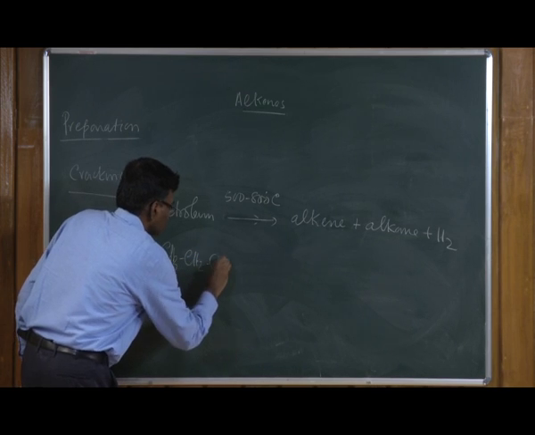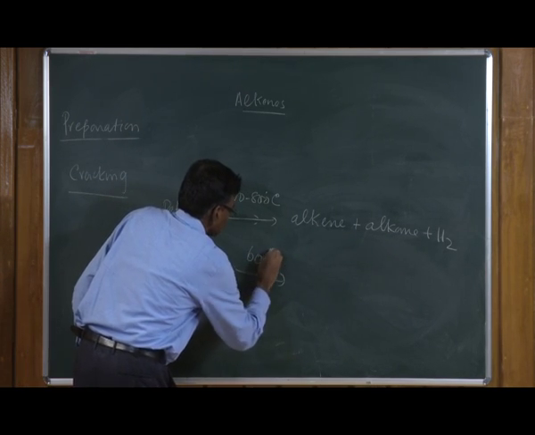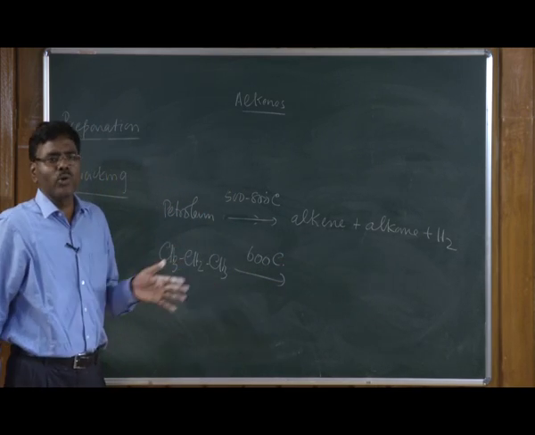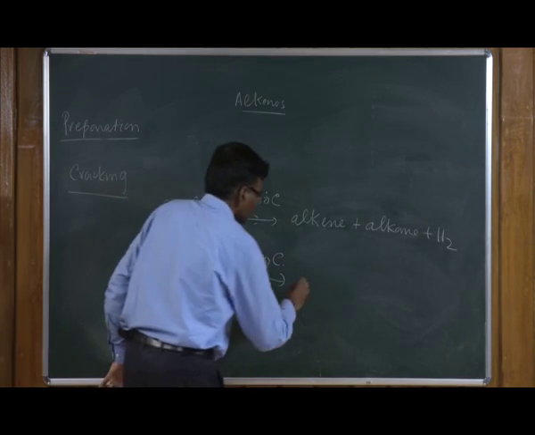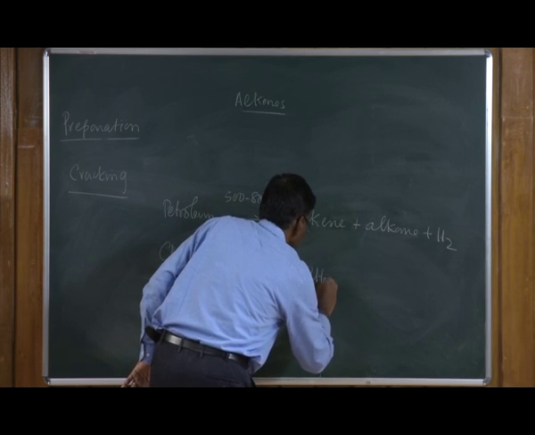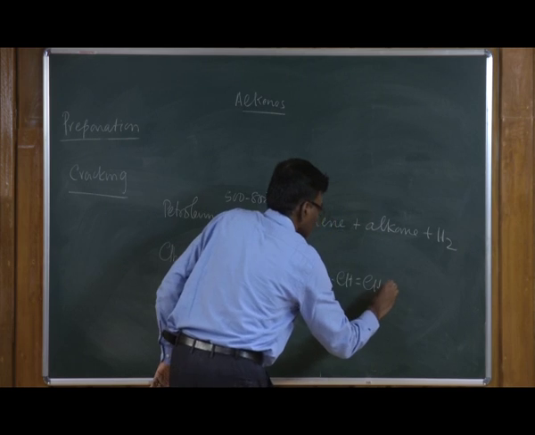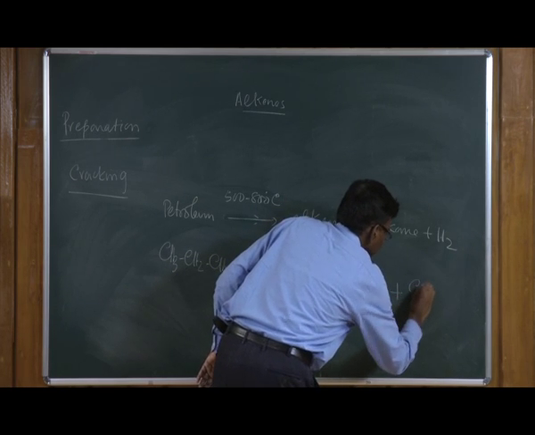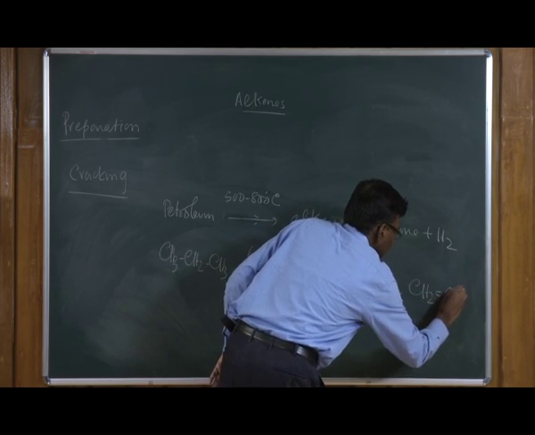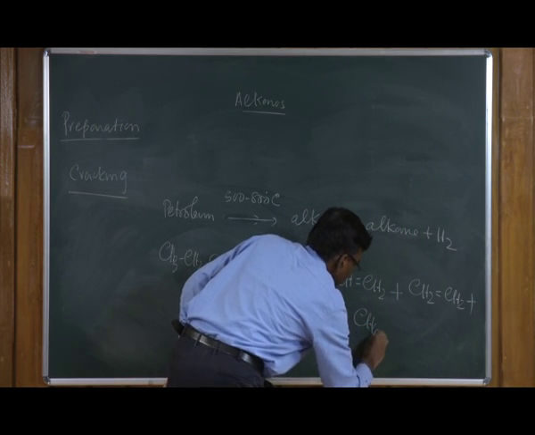The example is when you heat propane at 600 degrees Celsius, it can undergo cleavage, it is a radical reaction, into propene, ethene, methane plus hydrogen.